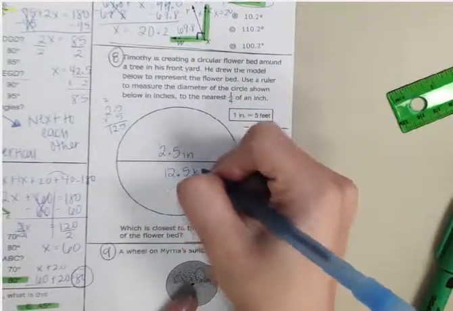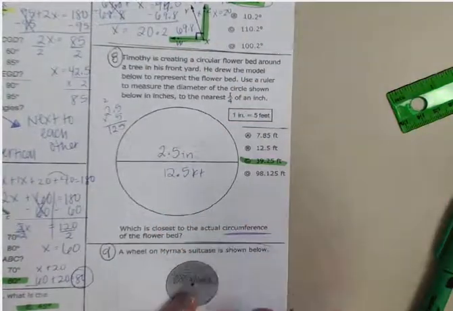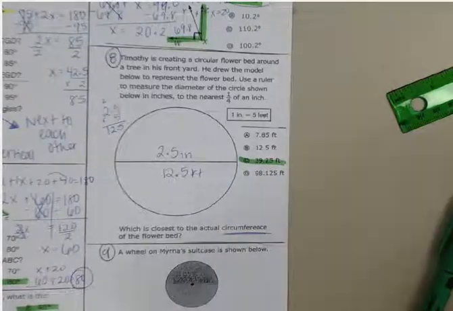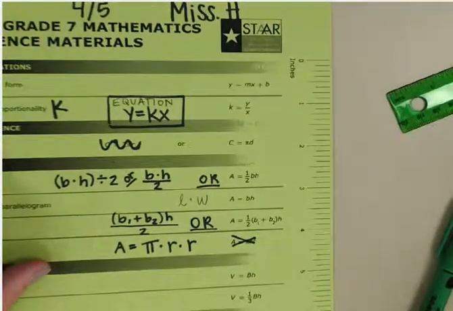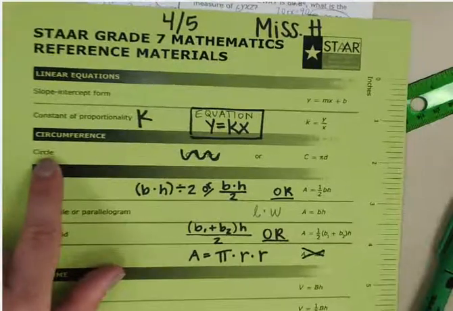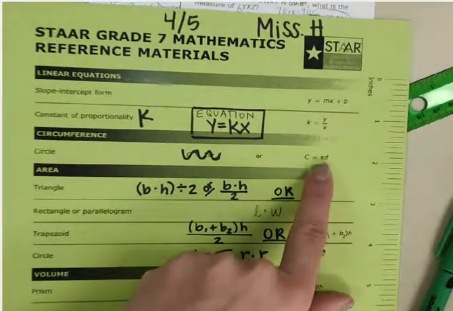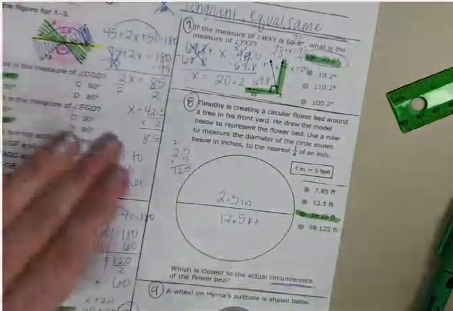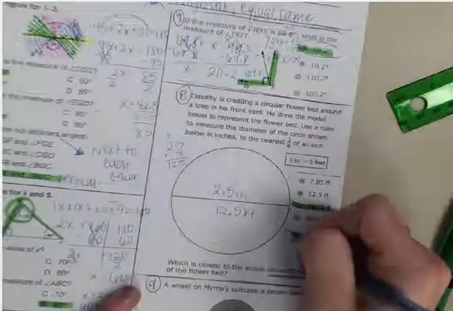Now I'm looking for the circumference, okay? You go to your formula chart. Circumference of a circle is pi times diameter.